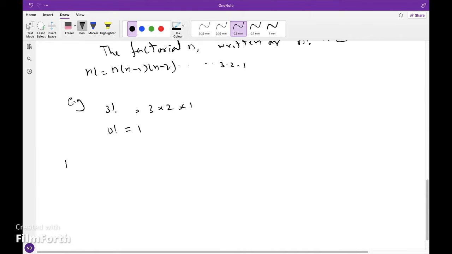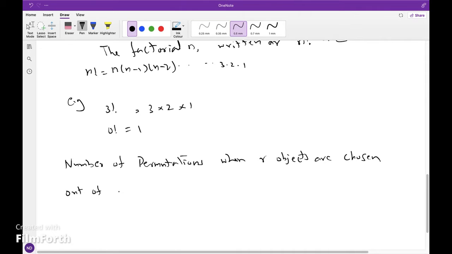Number of permutations when r objects are chosen out of n different objects, that is nPr.